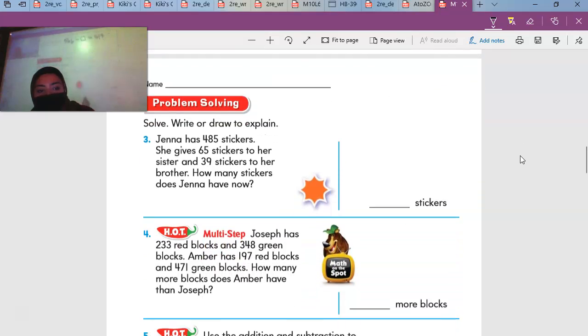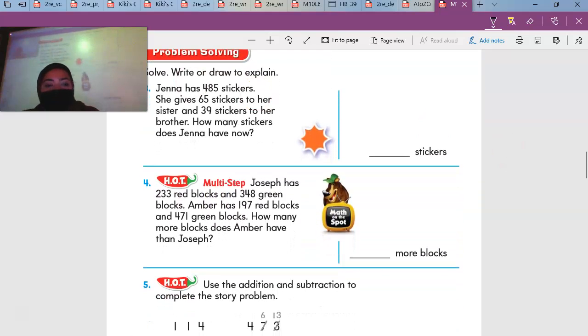Very good. Okay, Jenna has 485 stickers. She gives, is gives an important word? Definitely box that. She gives 65 stickers to her sister and, definitely box that, 39 stickers to her brother.